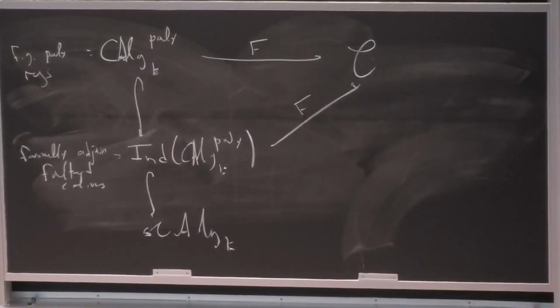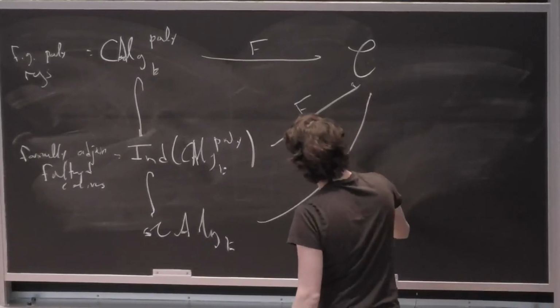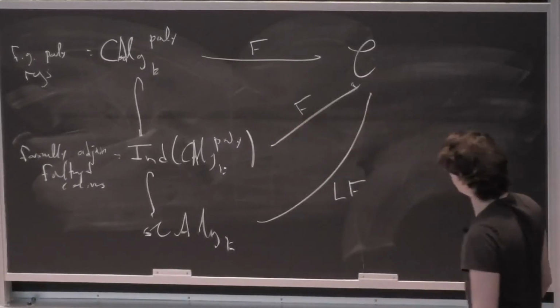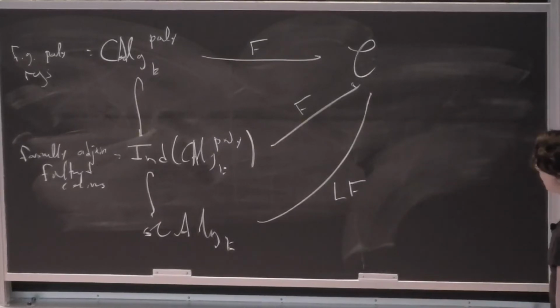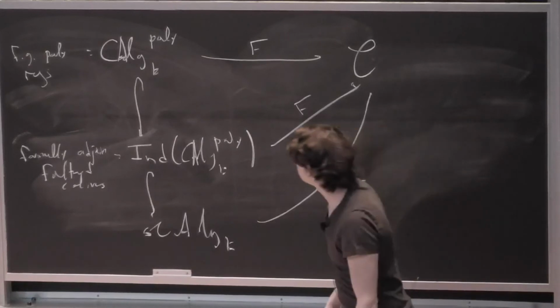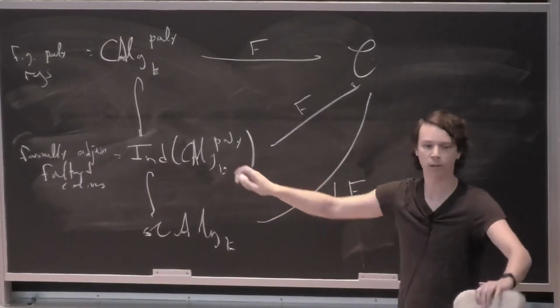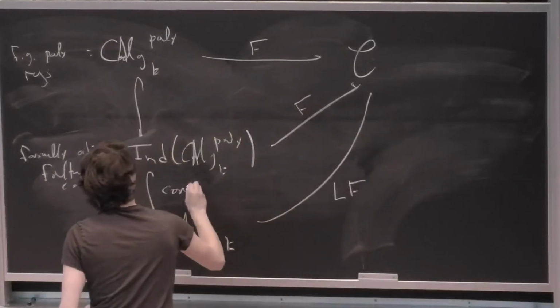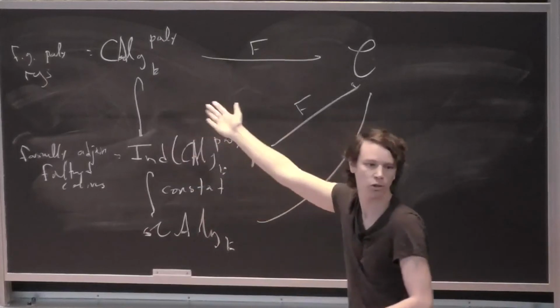It's not terribly hard. And now, if C has certain colimits, there's a derived functor that I'm going to call LF. And that's constant, the constant diagrams. So if I have a commutative ring, I can just view it as a constant simplicial commutative ring.